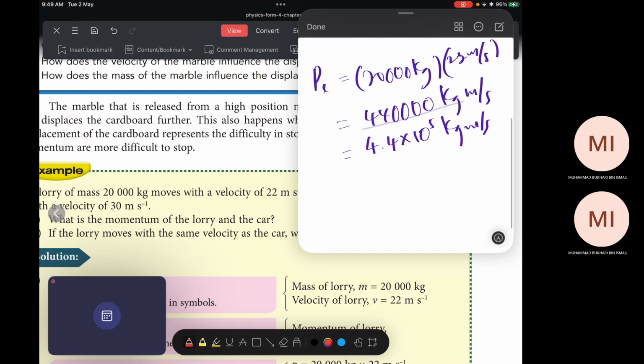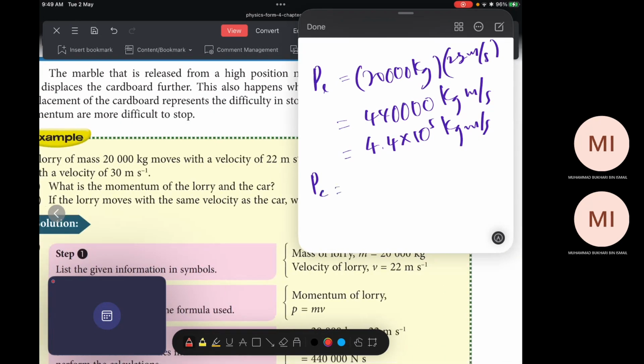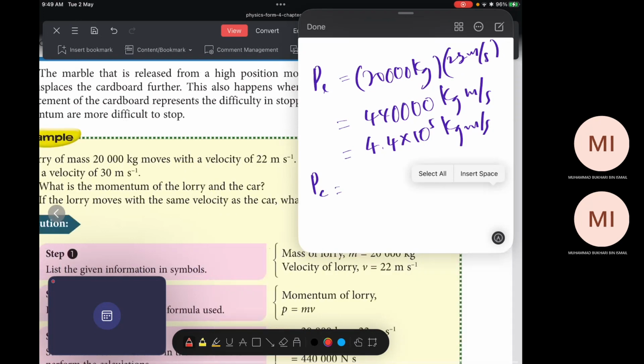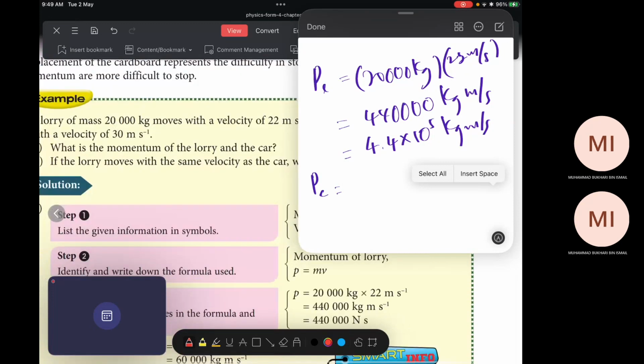What about momentum of car? Car sama dengan berapa? Mass dia berapa tadi? 2,000 ya. 2,000 kilogram multiplied by 30 meter per second.